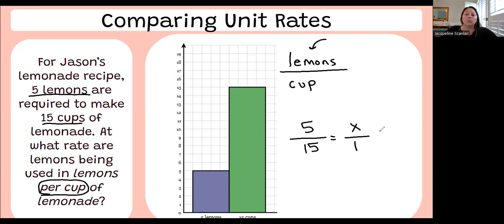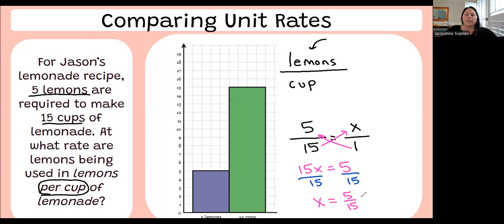So again, I have a proportion right here that I can use cross products to solve and do 15 times x, and then do 1 times 5. And then to solve that equation, I would divide both sides by 15. And I would end up with 5/15. In this case, I'm choosing to leave it as a fraction.